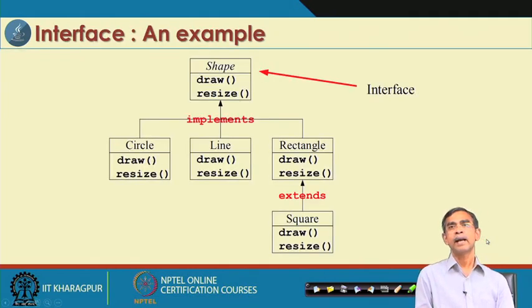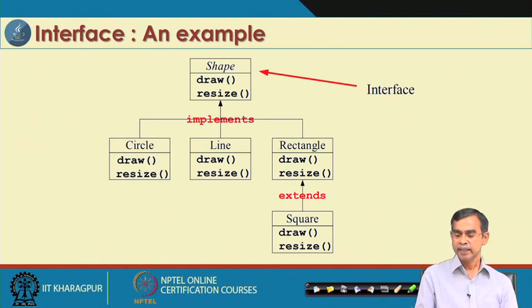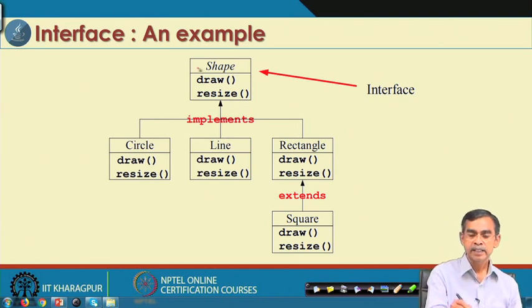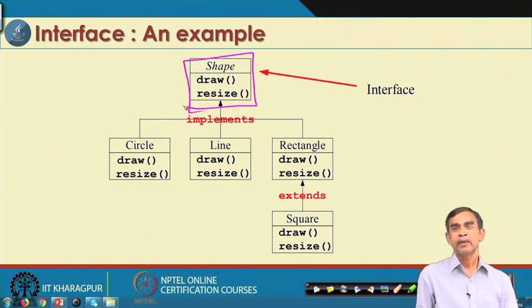Now, let us have an example quickly, so that you can understand the concept of interface more clearly. As we see here, this is a structure, and let this structure be an interface. In this structure we have defined two methods, draw and resize.